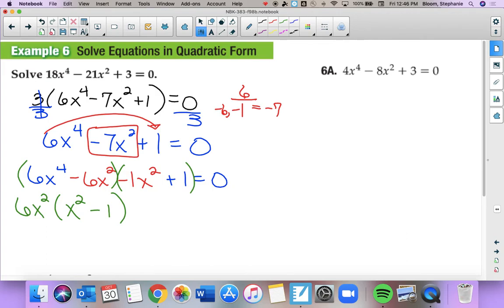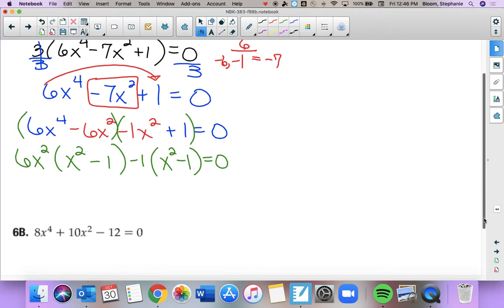Second group, negative 1. So I have x squared minus 1 left. Okay. Then what do? Bring it down. So I have x squared minus 1 times 6x squared minus 1.